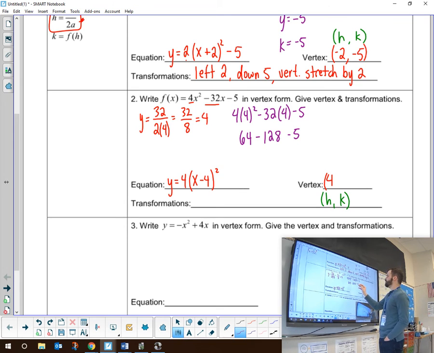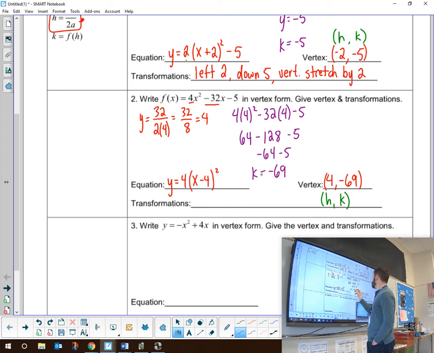Okay, 64 minus 128 is going to be negative 64. Negative 64 minus 5 is negative 69. So our k is going to be negative 69. That's our k, right? We just plugged it back in. We got our k value. And so we're just going to write a minus 69 here on the end.